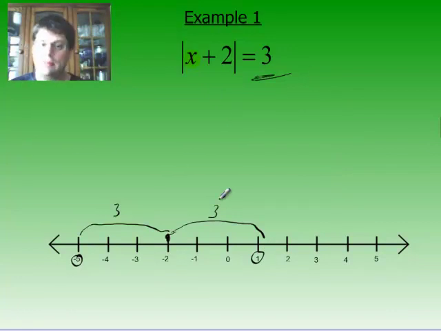Let's take a look how that might be done algebraically. So I'm just going to take the same problem here, and I'm going to take off the absolute value sign. So the absolute value sign, as you remember, makes everything positive.